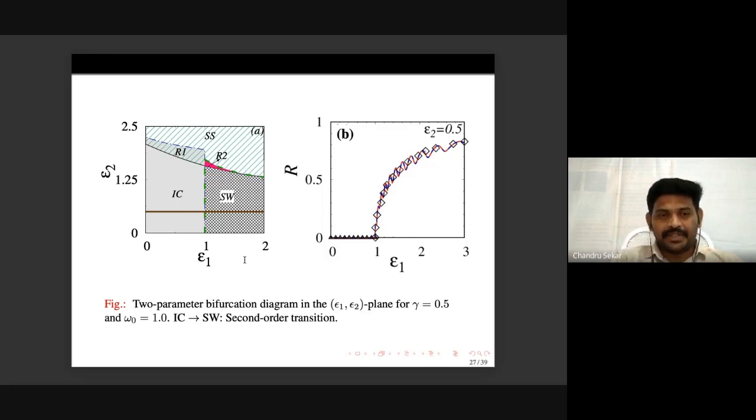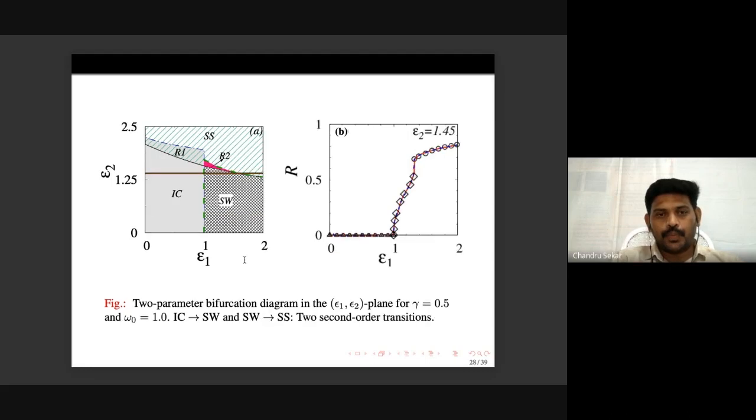When we increase the coupling strength epsilon 2 to nearly greater than the critical coupling, we observe two second order phase transitions. One is from incoherent to standing wave, and another from the standing wave state to the stationary synchronized state. So we have two second order transitions.